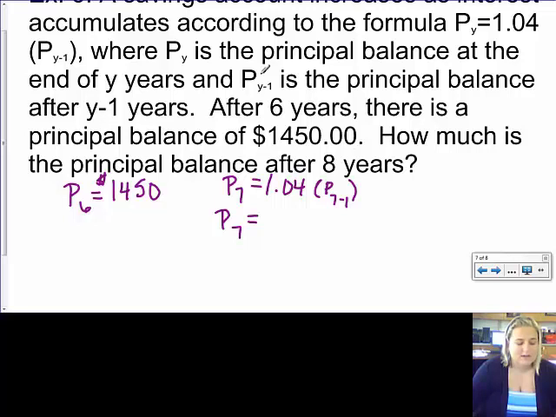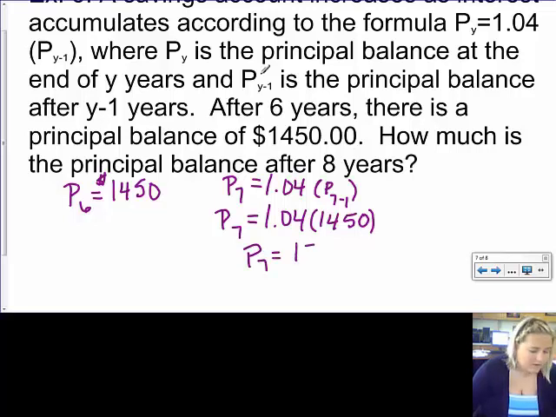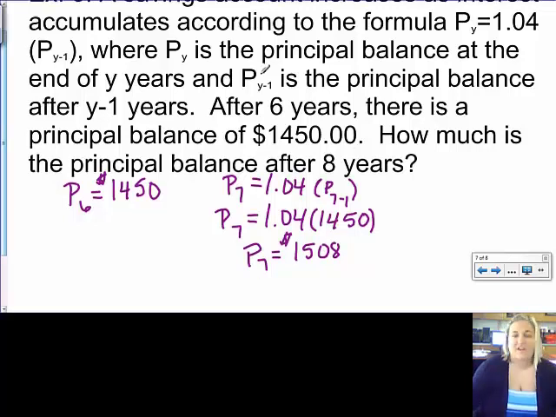So I have 1.04 times the quantity of $1,450. Whenever I do that, I have 1.04 times 1,450, and that gives me that P sub 7 is equal to $1,508.